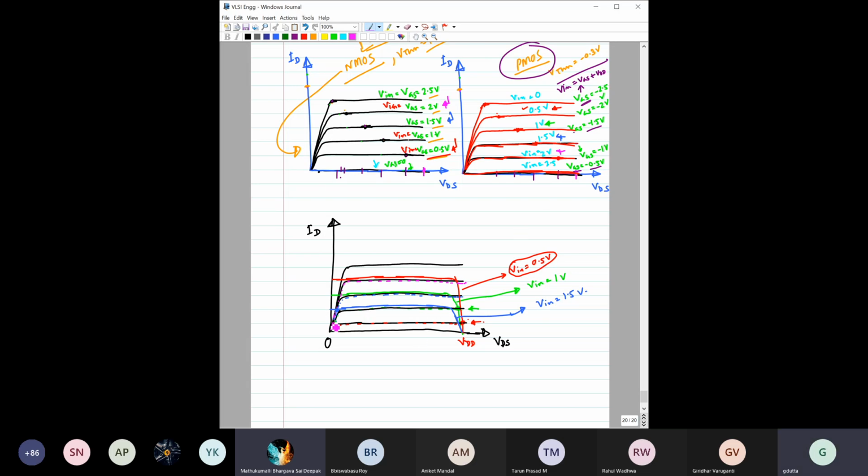So it should be somewhere here, right? So it is here. So here you can see the intersection is now changed to this.